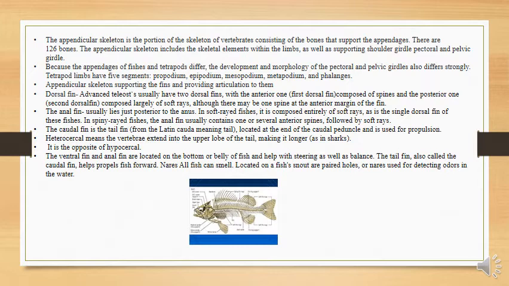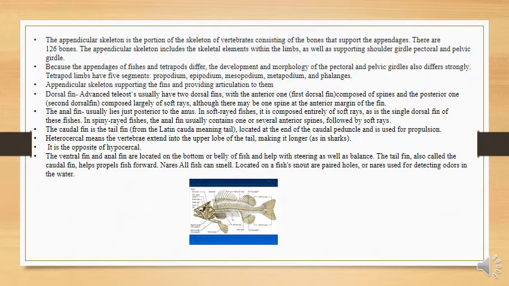The anal fin usually lies just posterior to the anus. In soft rayed fishes, it is composed entirely of soft rays, as is the single dorsal fin of these fishes. In spiny ray fishes, the anal fin usually contains one or several anterior spines, followed by soft rays.